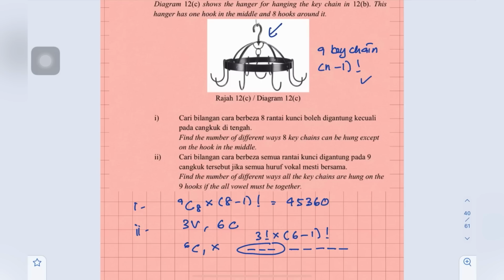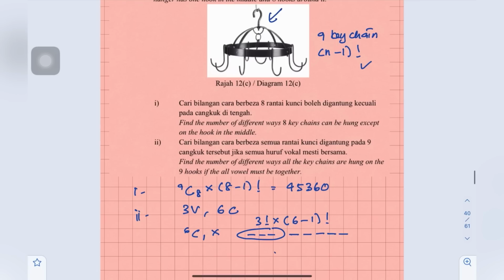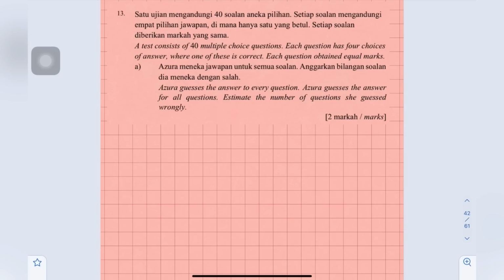So we multiply: 6C1 times 3 factorial times 5 factorial. Okay, the answer is 4320 ways.